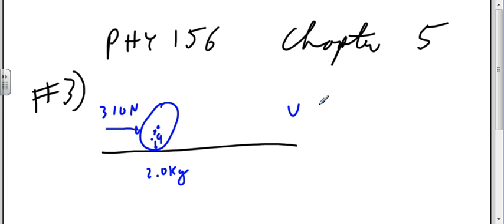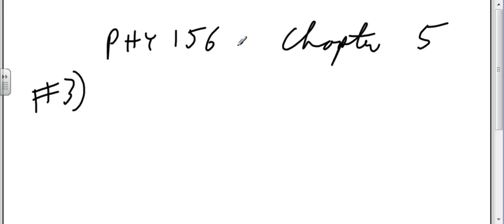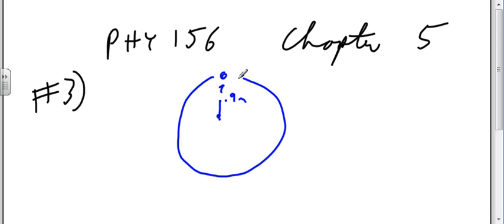Okay, so this ball, 0.9 meters that way, is rotating in a circle like that, and a force is applied here of 310 newtons, and it's 2.0 kilograms.